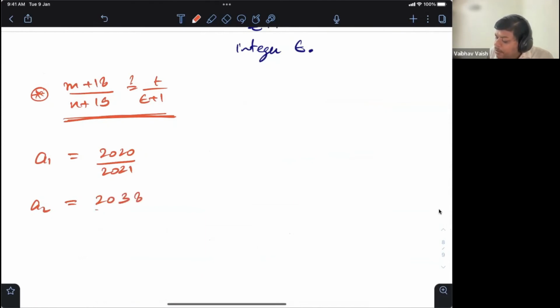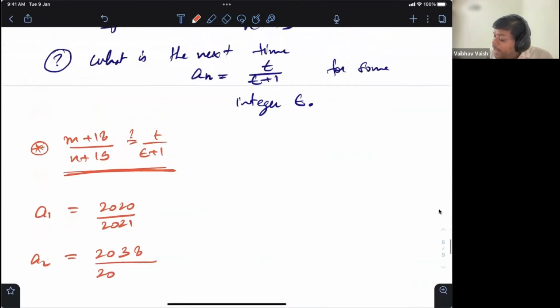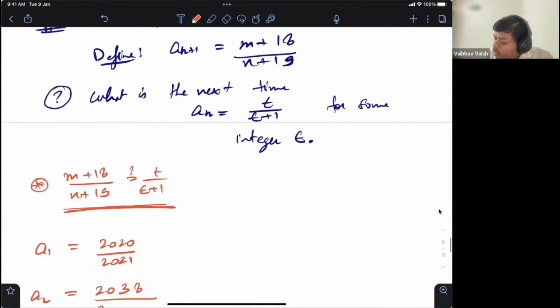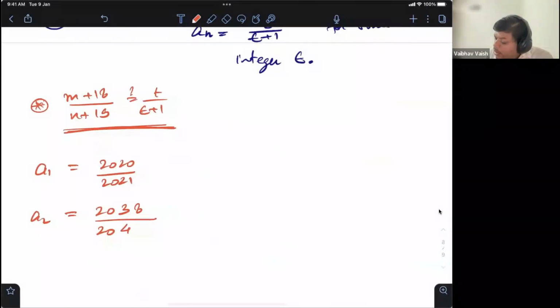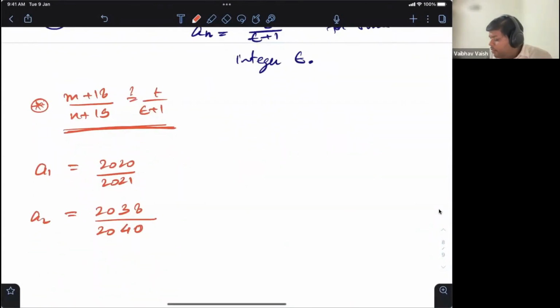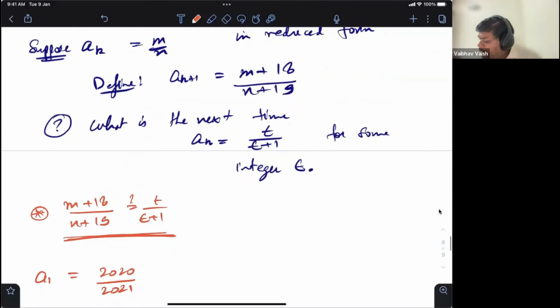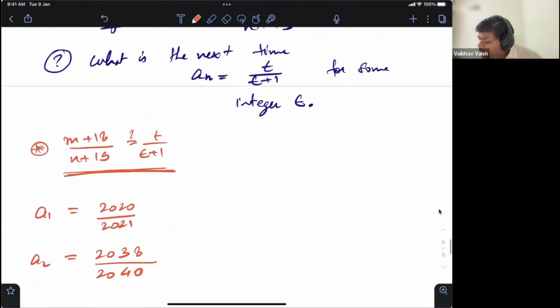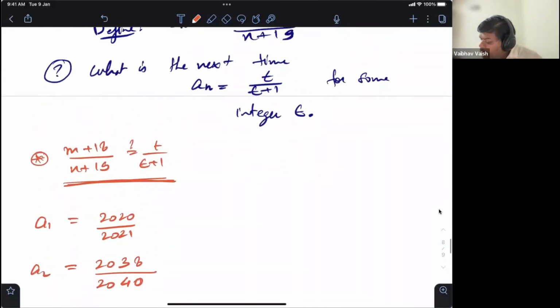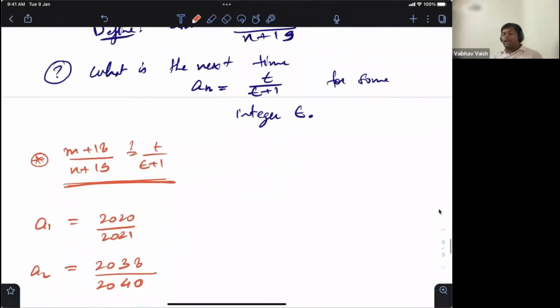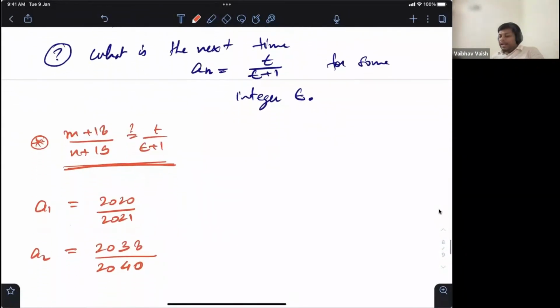Sorry, 18 and 19 to the denominator. So 2040. Is that correct? I added 18 on the top, so I get 38, and 19 to the bottom, so I get 40, right?